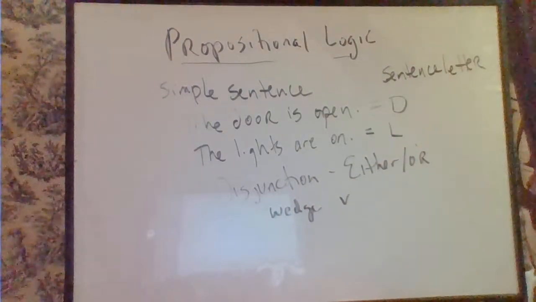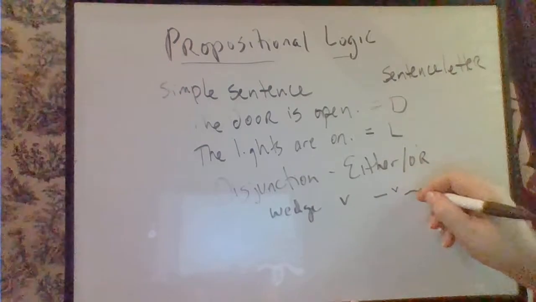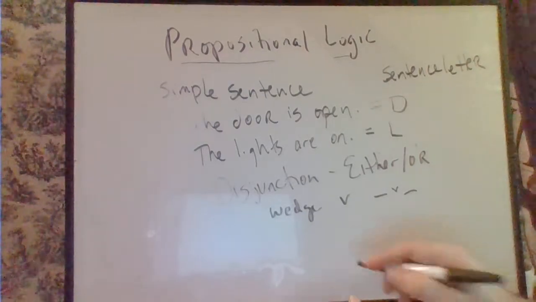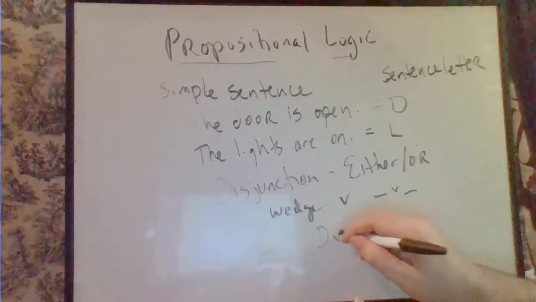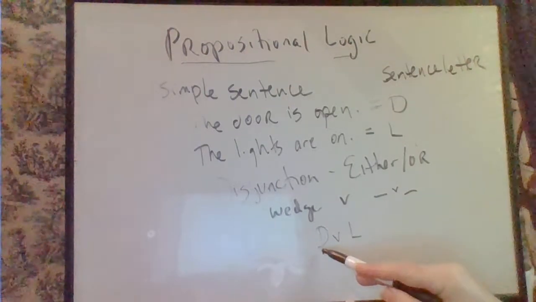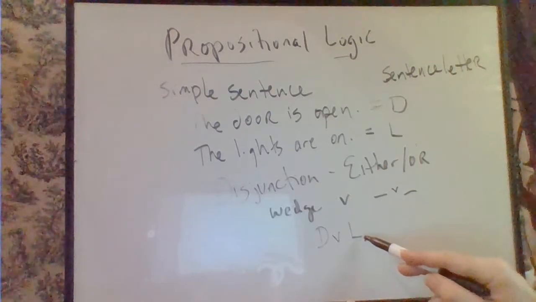So we know that the computer is capable of making that. Again, that wedge will always go between two letters. So if I wanted to say either the door is open or the lights are on, I'd have D wedge L. Right? Either first part, the door is open, or second part, the lights are on.